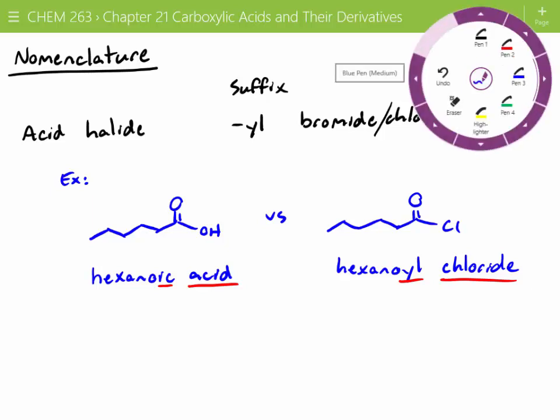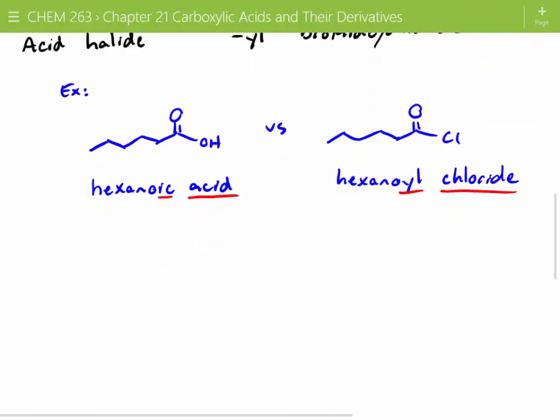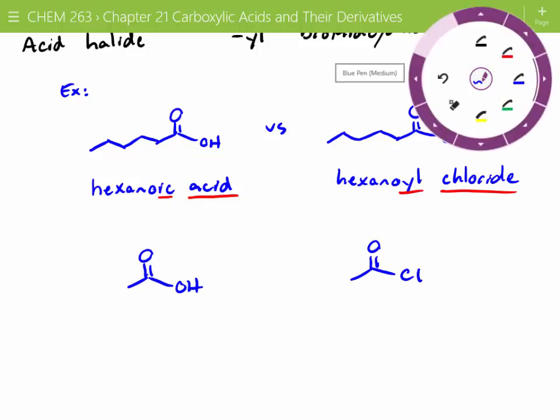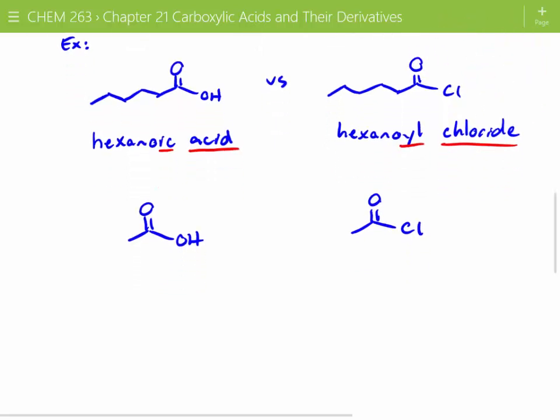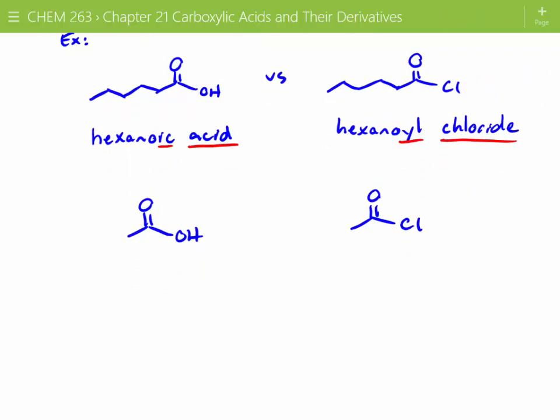Let's do another one just to make sure we've got this. What's the name of the carboxylic acid on the left? I heard it. Acetic acid.